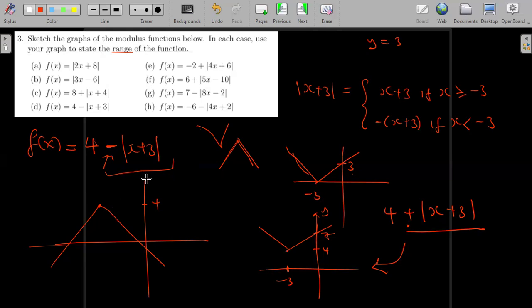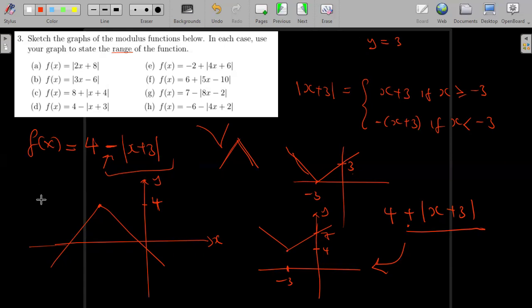So you sketch there, and you have y and you have x. So there was our 4, and of course we're interested in that 4. What would that mean for our range? We're going to have values that are less than or equal to 4, because that was our starting point, the vertical shift.